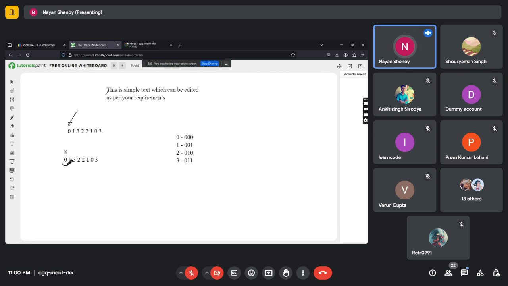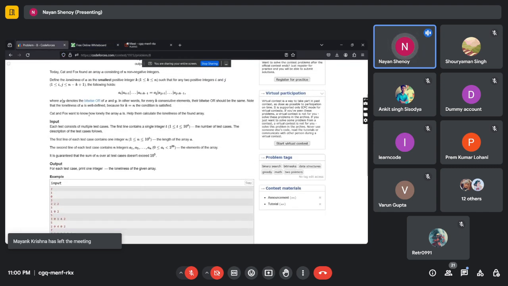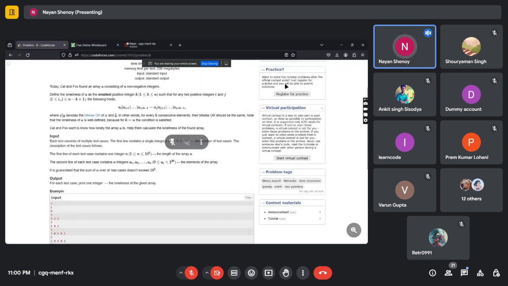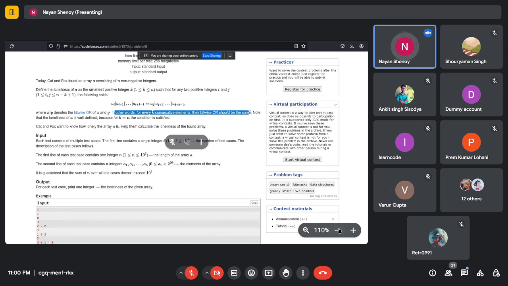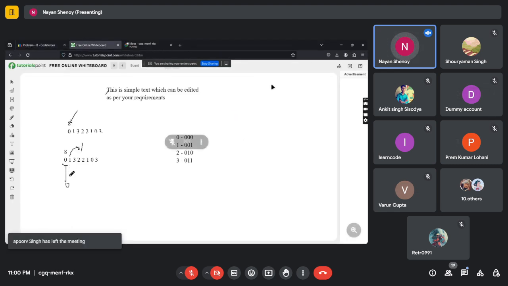The OR of this will be 0 itself, because obviously there's only one element, so you cannot OR it with any other element. The OR of this will be 1. What the question was asking is that the bitwise OR should be the same for all the subarrays. So our condition is broken here because the OR of the first subarray is 0 and the second subarray is 1, of length 1. So 1 cannot be the answer.